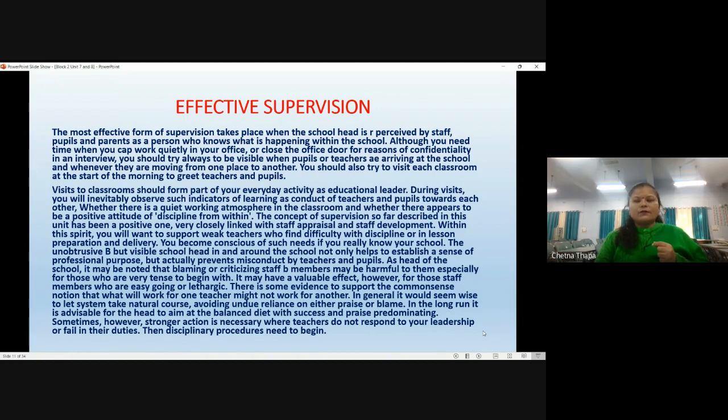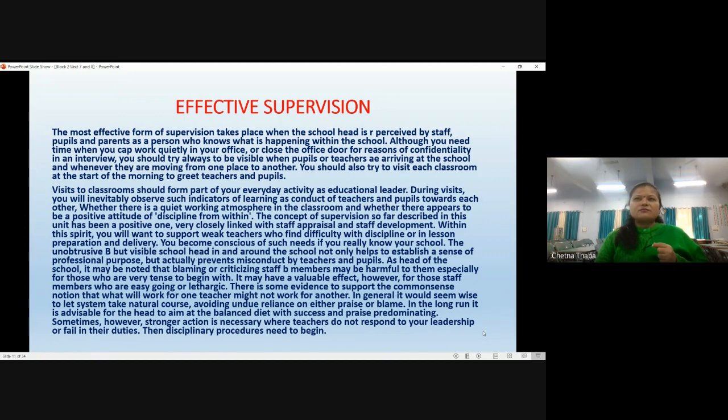When you have seen that there are certain teachers who are not efficient enough in fulfilling the classroom duties, or who are finding difficulty in maintaining discipline within the classroom, or in content delivery or the preparation of the content, you should be conscious of such need. You should know where and when the teacher requires help, and you should not be disturbing. You should be visible in and around the school, but you should not be disturbing.